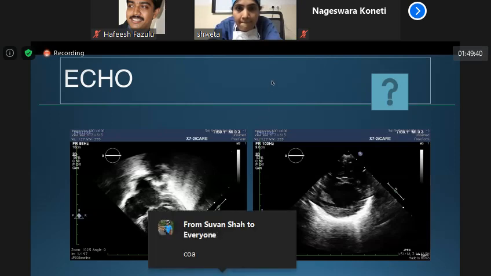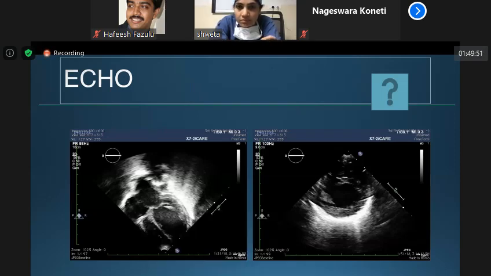As we have a clinical scenario with a 2-month-old baby who presented with severe heart failure and signs of congestive heart failure, during his evaluation we should always think of treatable causes of ventricular dysfunction.